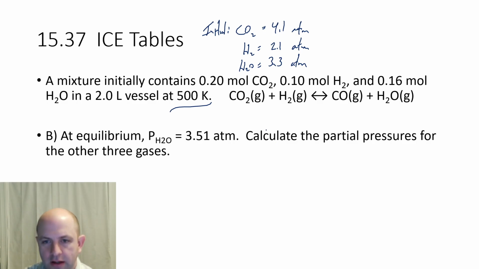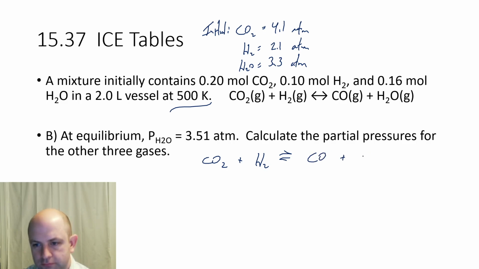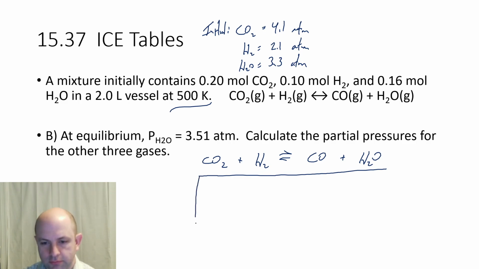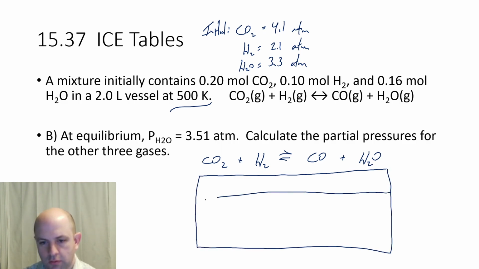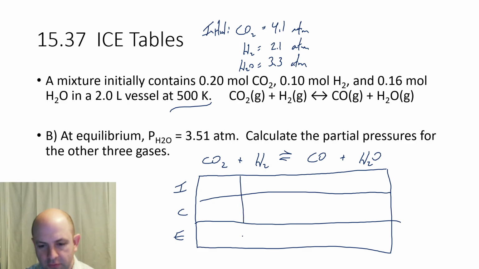Okay, so that means we've got to make our ICE table. So again, I like to rewrite the equation so I have columns for all my chemicals. And then we'll make our table. Three columns, because we're going to have the initial, the change, and the equilibrium value for each.